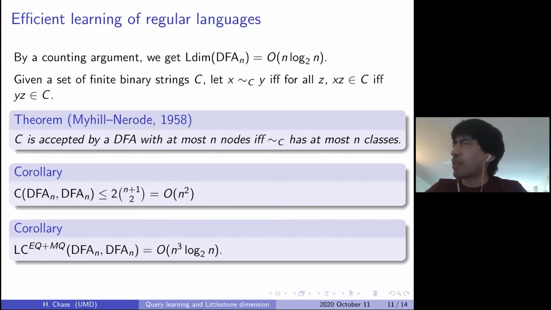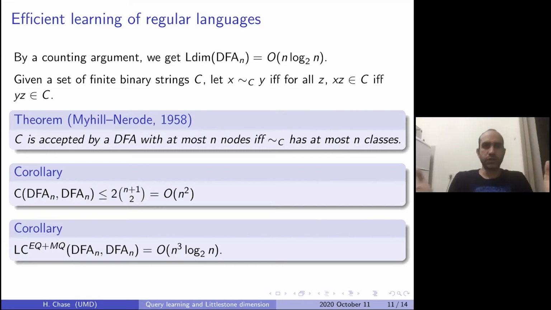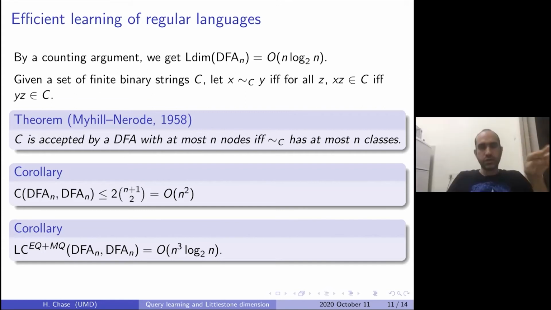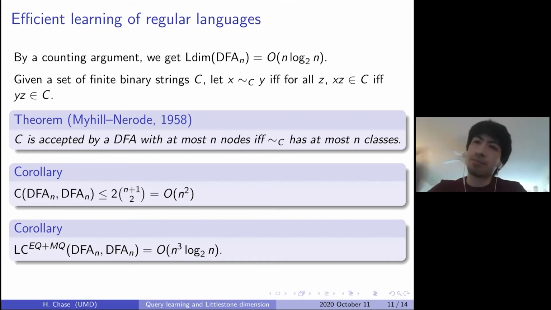I don't know off the top of my head. Basically, the question is, I give you a regular language and a string not accepted by the regular language. Then the question is what is the largest substring which witnesses it, right?